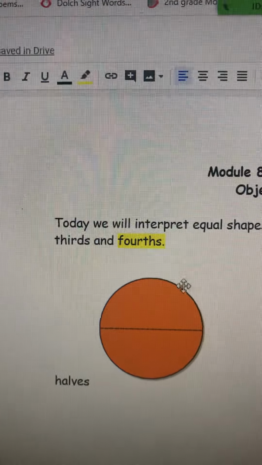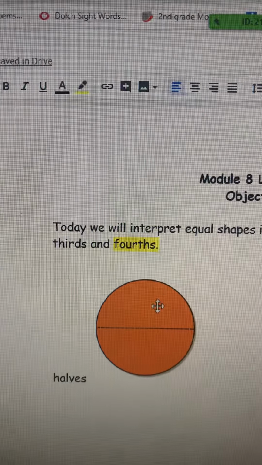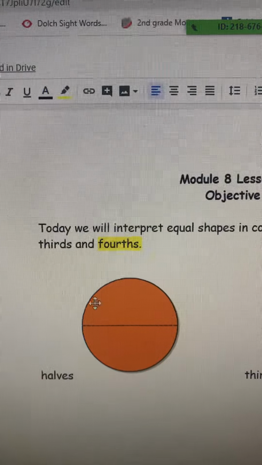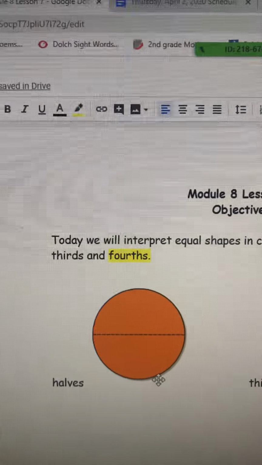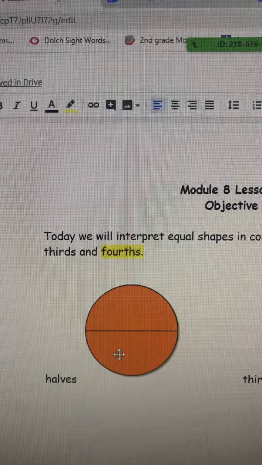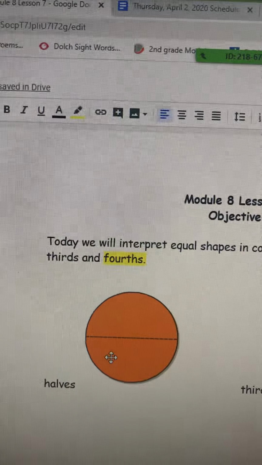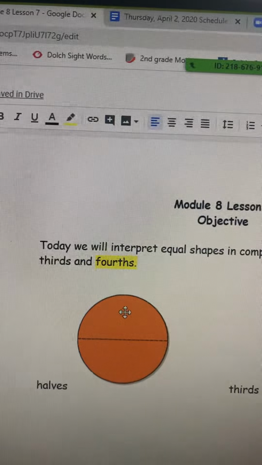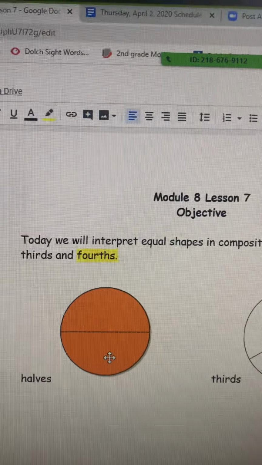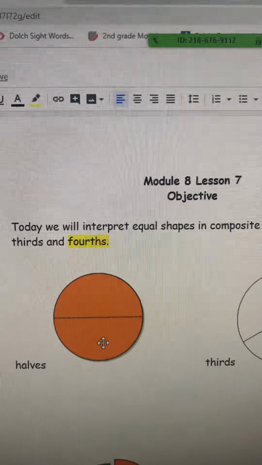Here is a circle, and I made 2 semicircles out of that circle that are the same size. This is halves. Whoever gets this side gets the same amount as on this side. That's why they're halves. If this side was bigger than this one, it would not be halves. Halves means they have to be the same size.